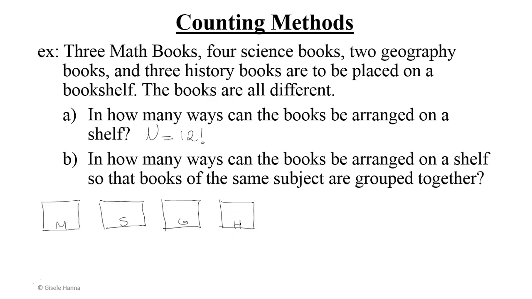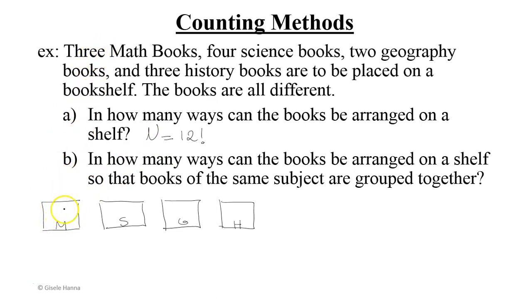So now what we need to do is arrange the books this way, keeping all books of the same subject grouped together as one block. Regarding the math books, I have 3 math books.